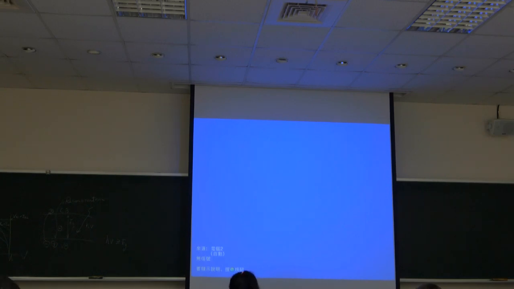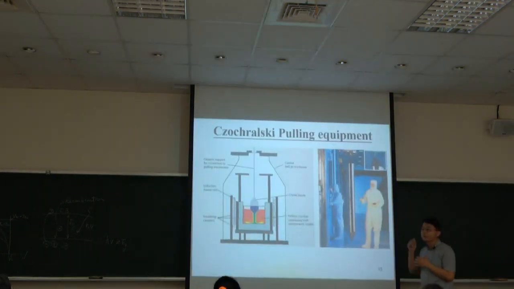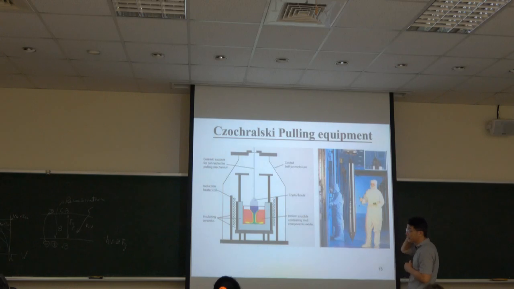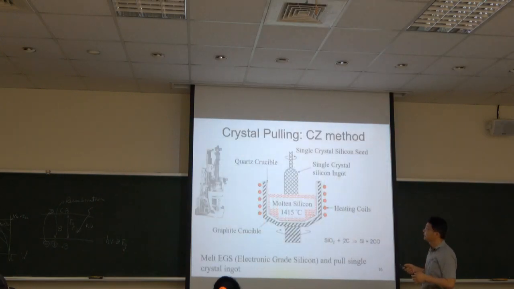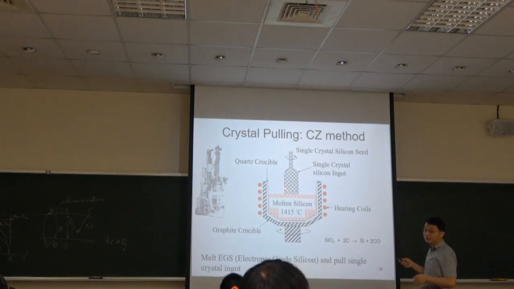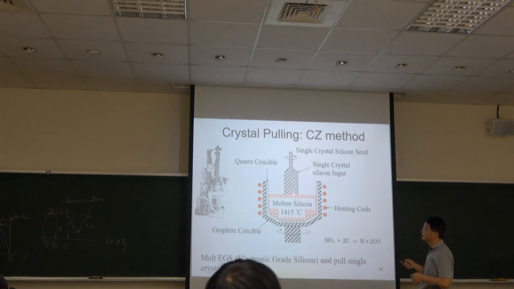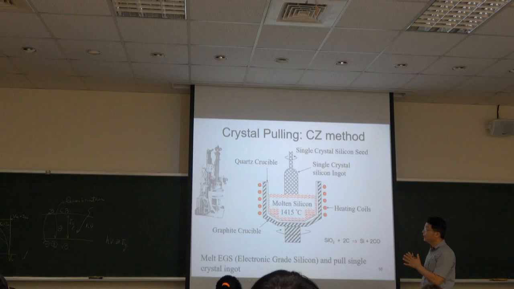This is a typical Czochralski pulling process to produce the single crystal. So you can see there's a seed. This seed determines which plane we want to grow.